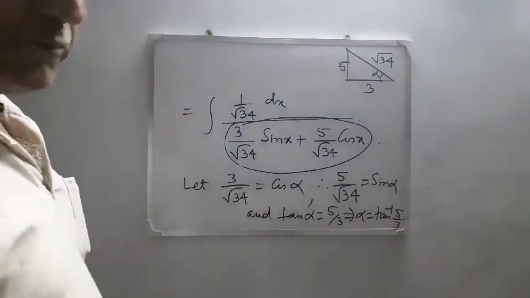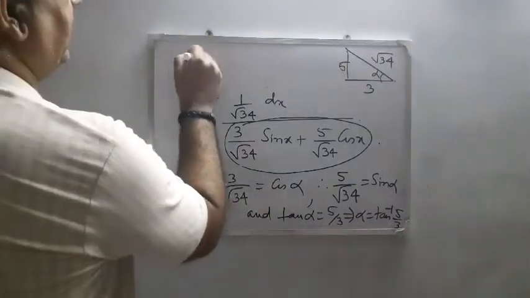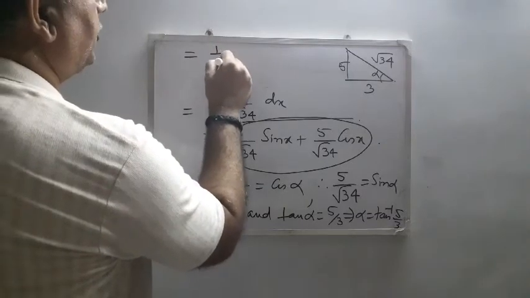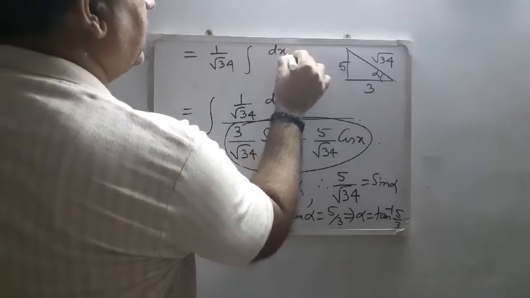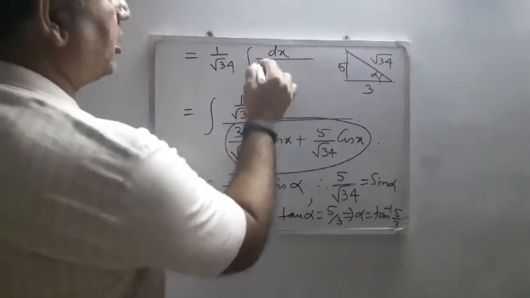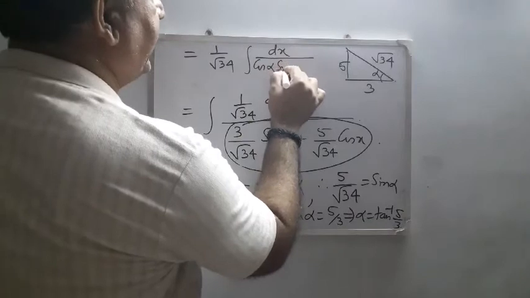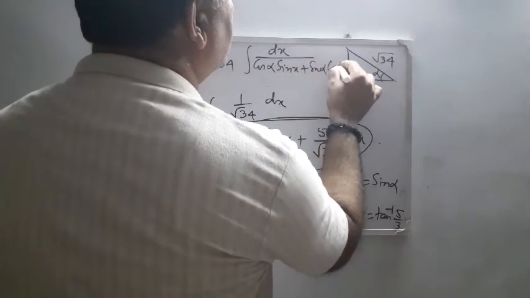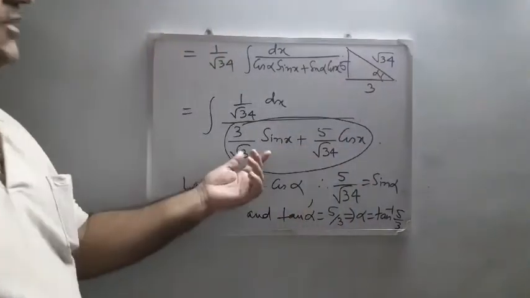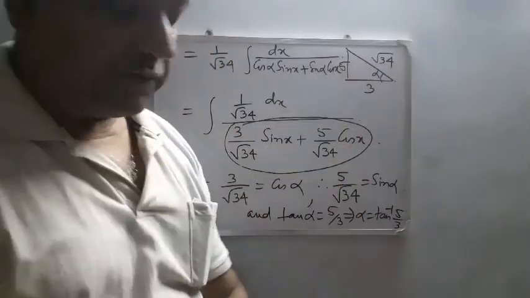Now what happens, as you can see, therefore I is equal to 1 by root 34. You can take out in numerator integral dx by, now this becomes here cos alpha into sin x plus sin alpha into cos x. So this result you will get after putting the value in terms of alpha.